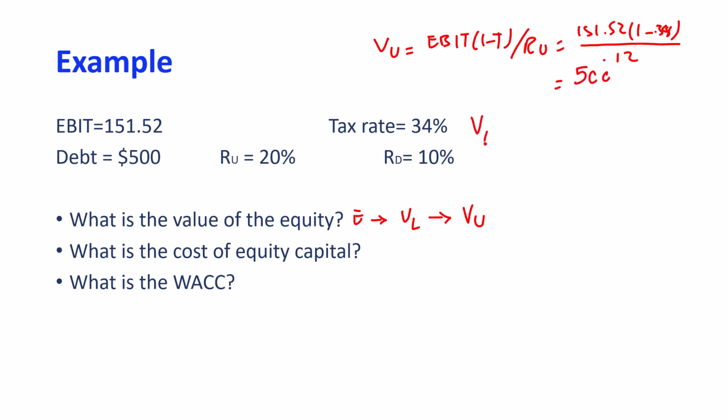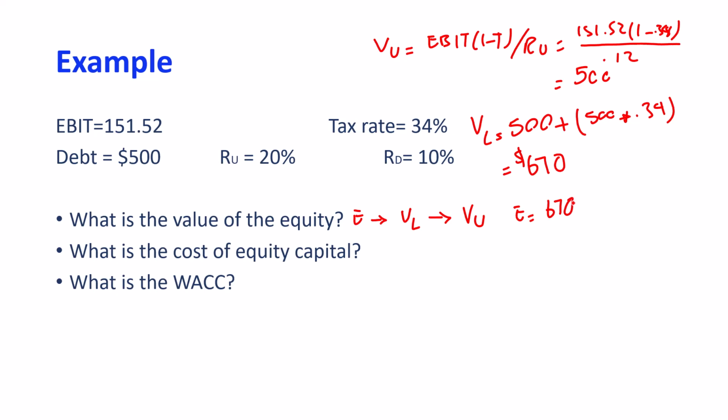And the value of the levered firm is the value of the unlevered plus the tax shield, which is 500 in debt times the tax rate. So value of the levered firm is 670 here.